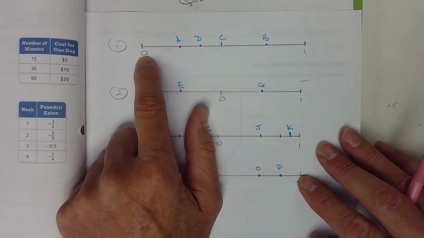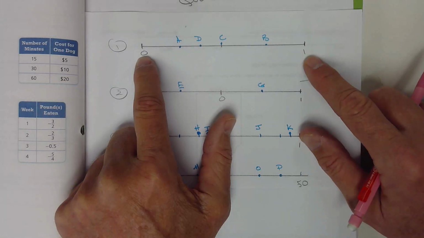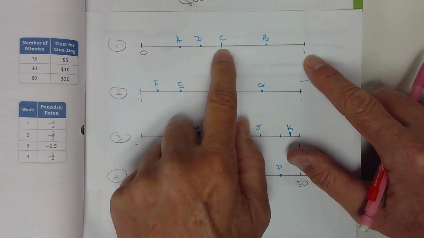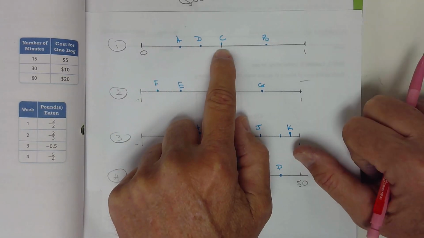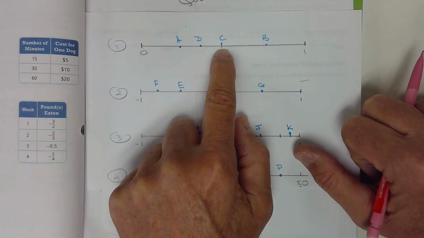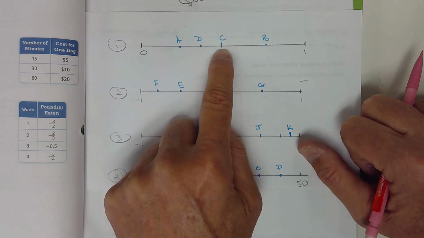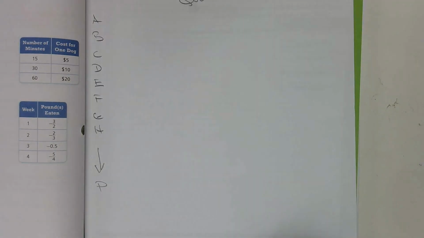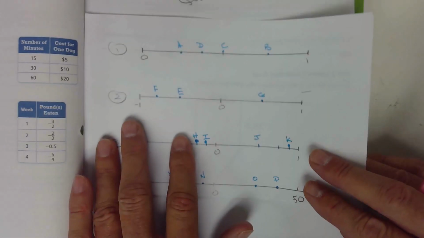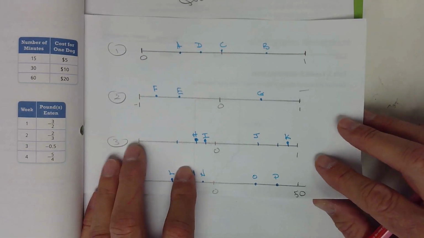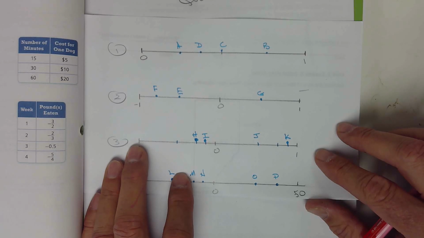So on this first number line, here's 0 and here's 1. What do you think C is? What do you think? 0.5, or what else could you put? What else? Go ahead and say it. 1/2, okay. I want you guys to answer all of these in fractions.